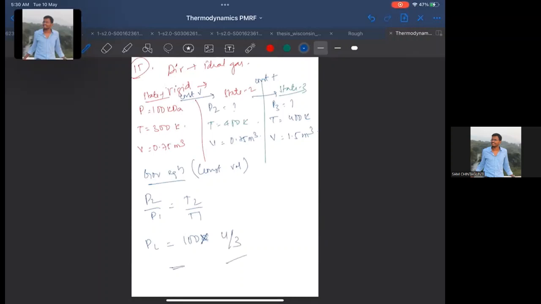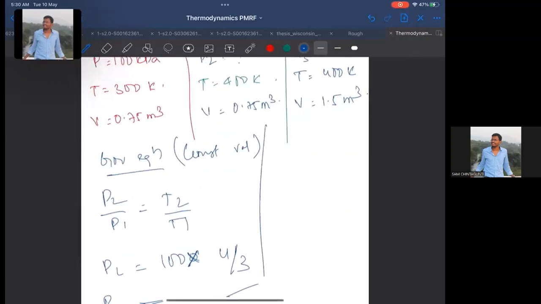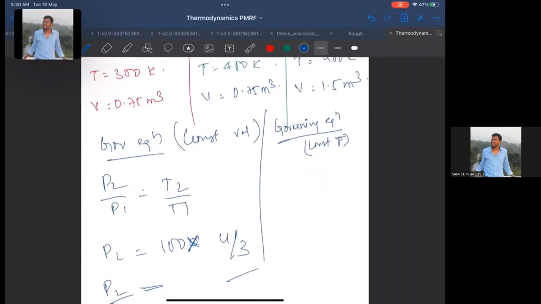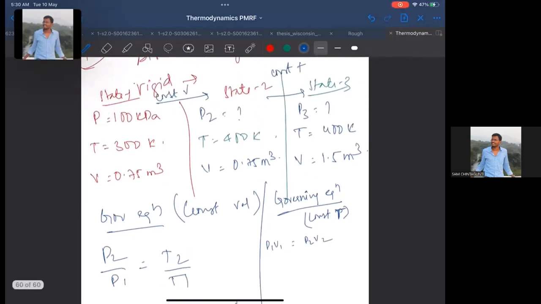We get P2. Now the governing equation for constant temperature. Right? P1 V1 is equal to P2 V2. For 2 to 3, P3 V3 is equal to P2 V2. Here we do not know P3. The V3 we know, V2 we know, P2 we know. So P3 can be found.